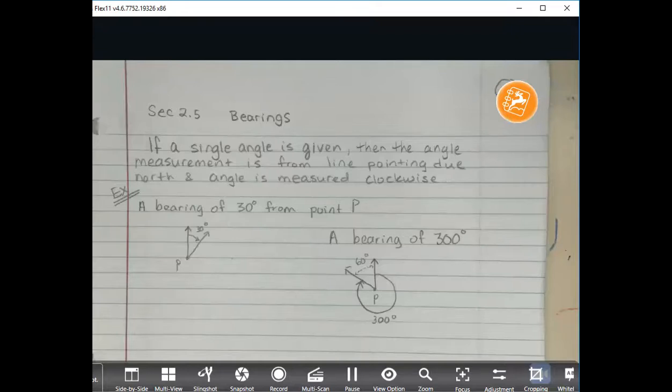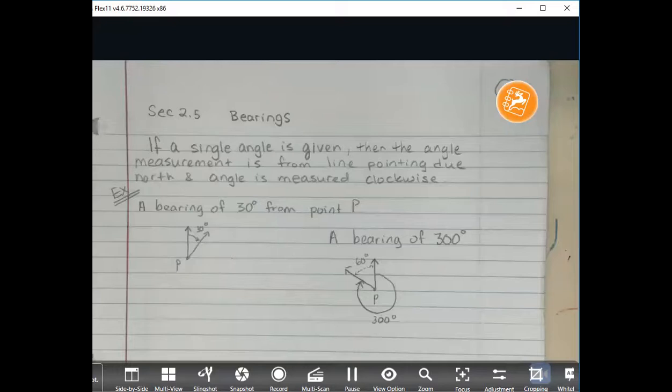So let me work one out of the book first. Page 87. Is that the same as this one? Number 16.